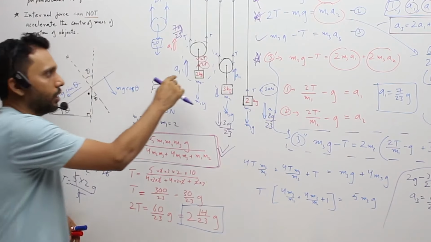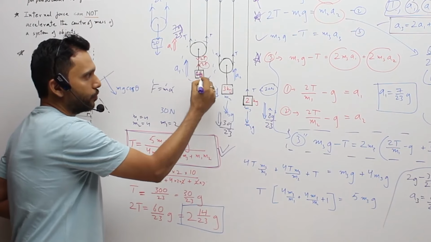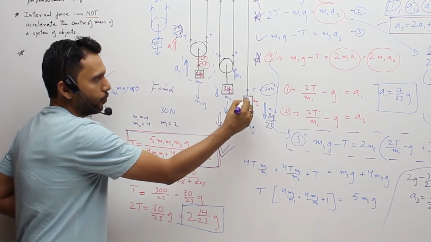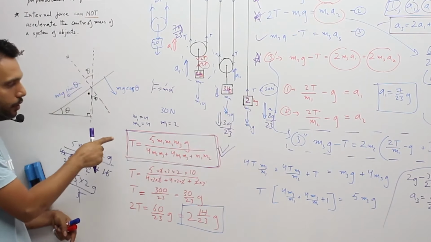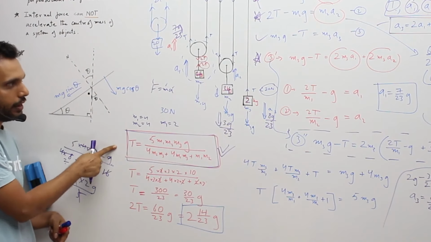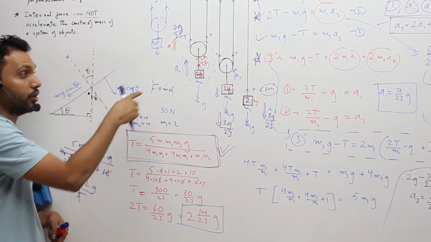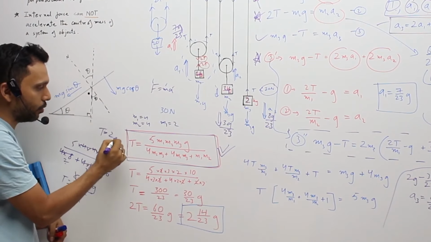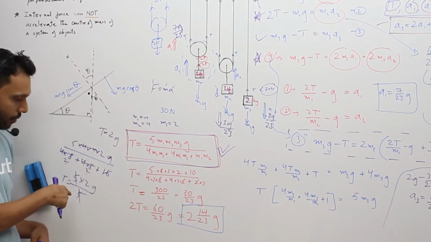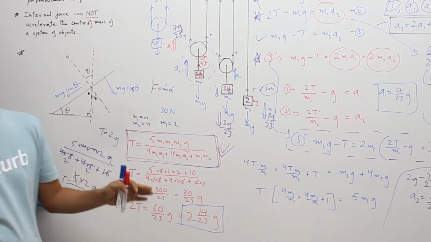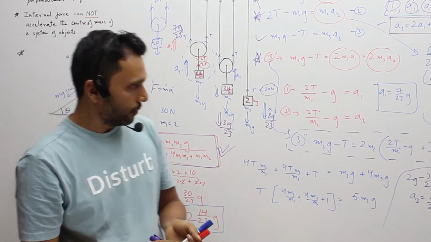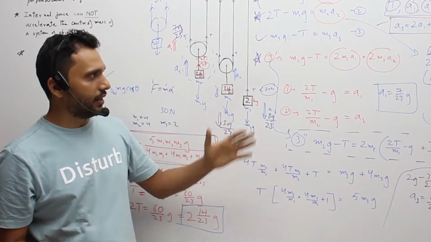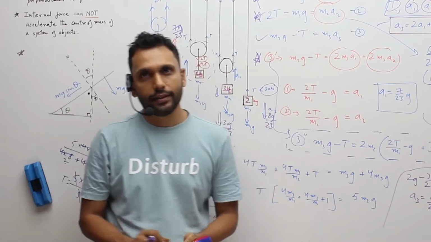But putting a logical value, 4 for this, and 2 for this, you are able to cross check this equation. T should come 20, 2g, and it is coming equal to 2g. It should give you a lot of satisfaction. So in several ways we have seen that what we have done is all right.